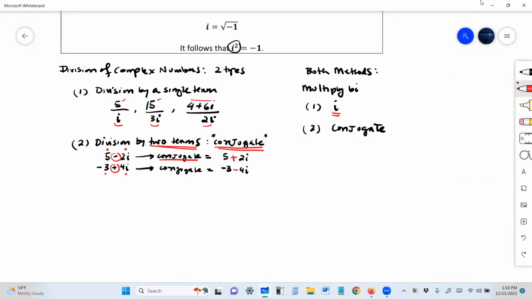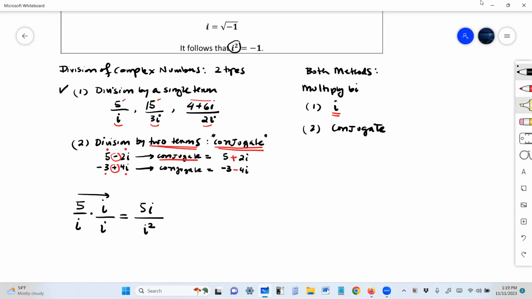the very, very simple case of when we have division by a single term. So I'm going to do all three. This is very, very easy. So here is 5 divided by i. It's a single term. I am going to multiply by i over i. Okay, so numerator 5i, denominator i square.